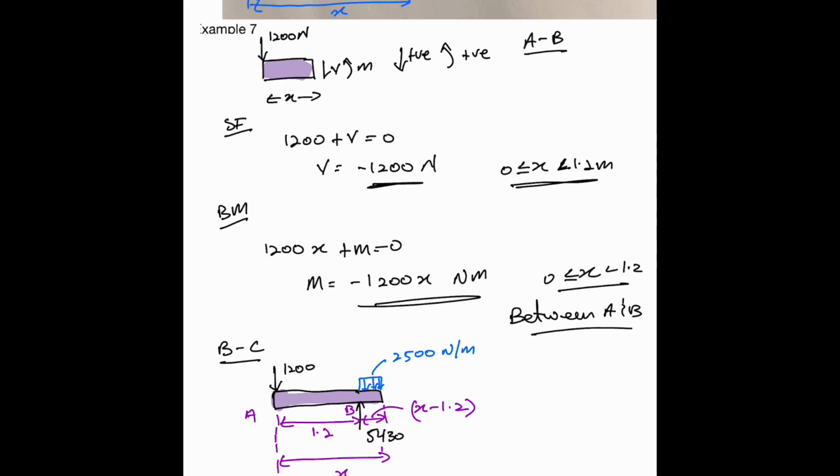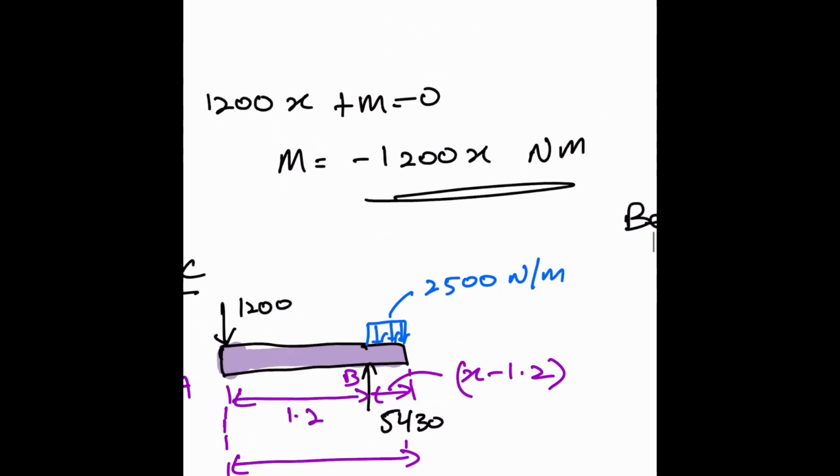Let's zoom in. The equivalent load will be 2500 times (x minus 1.2). And the distance it is acting at, from the edge, would be (x minus 1.2) over 2, or half the distance.